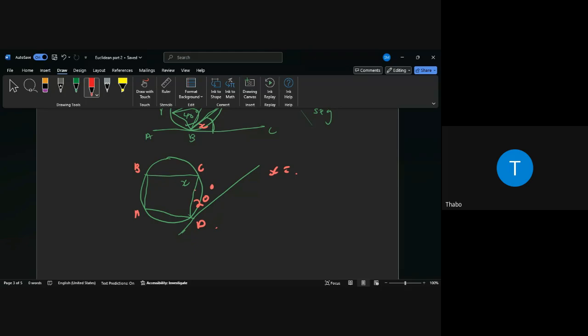By the way, guys, you can't forget your corresponding angles, your co-interior angles, your alternate angles, your vertically opposite angles, all those. You can't forget them, because that's prerequisite knowledge for Euclidean geometry.